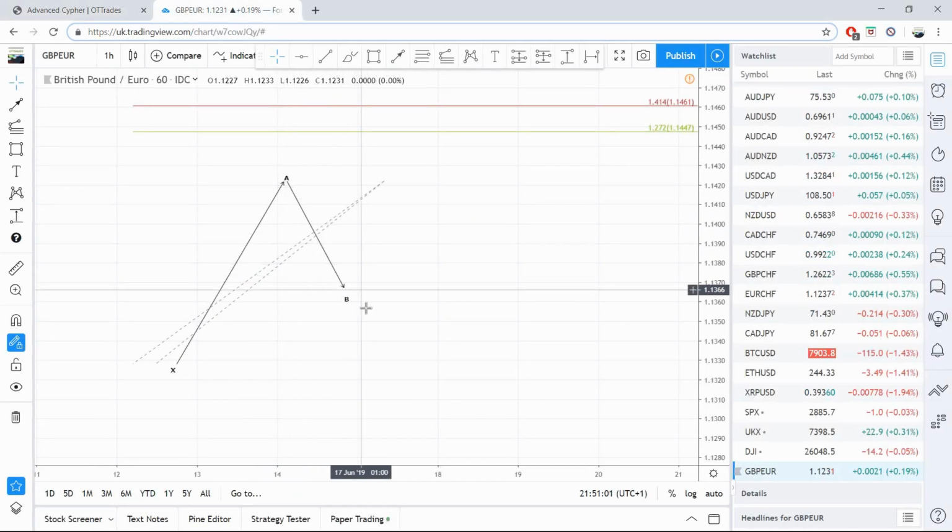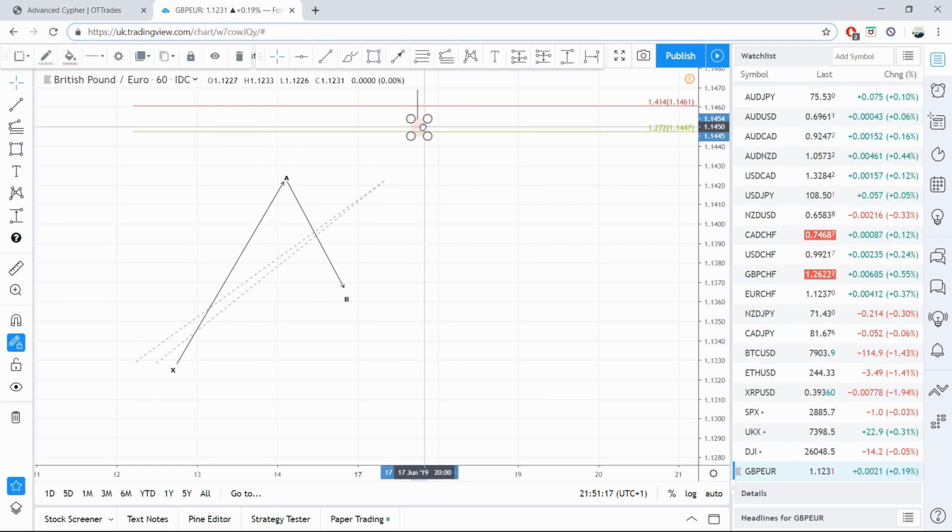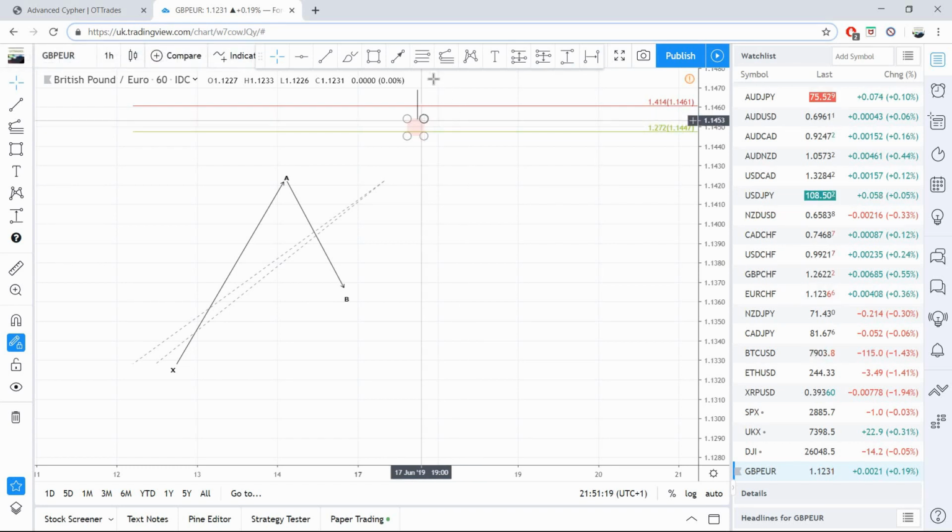So exactly the same as we had with this B point at the 618 level, we could have a candle wick exceed this 1414 level here, as long as the candle retraces back down and closes below that 1414, then the pattern is still valid.